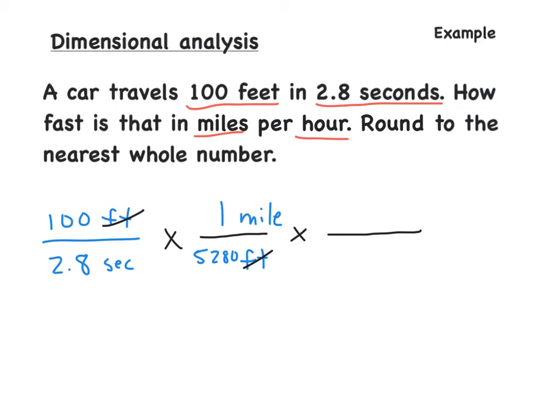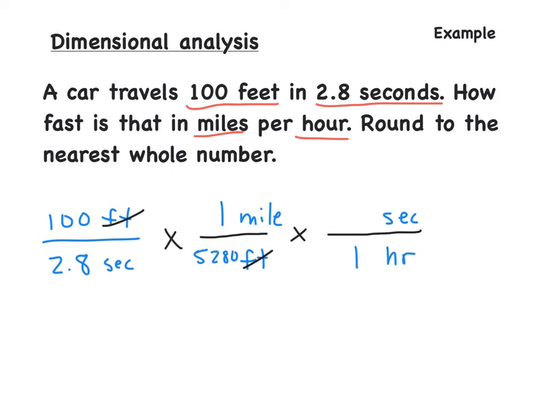So now we have to move. If we've crossed out the feet, then we have to change the seconds into hours. So seconds have to be diagonal from each other as well, and we're changing them into hours. How many seconds are in 1 hour?